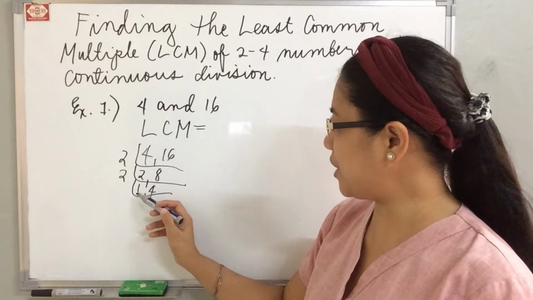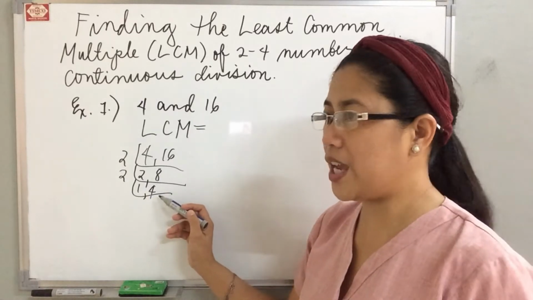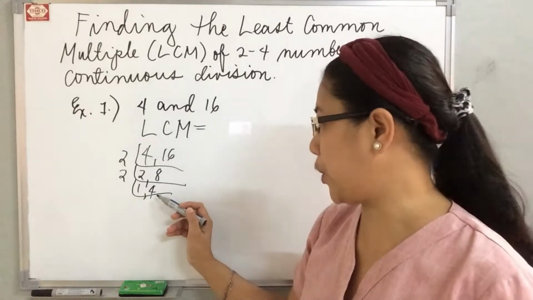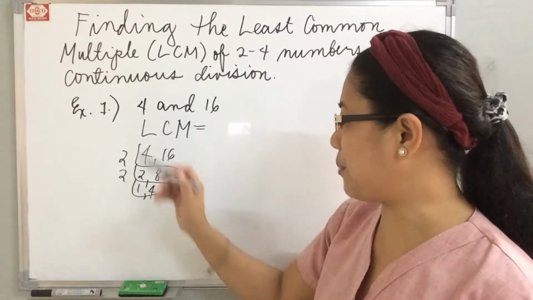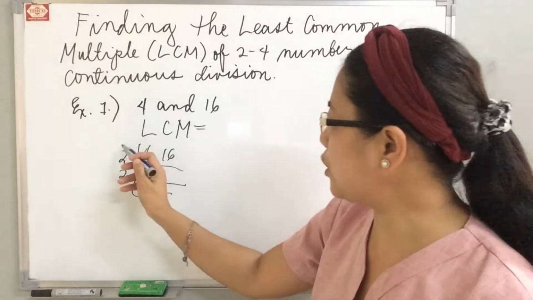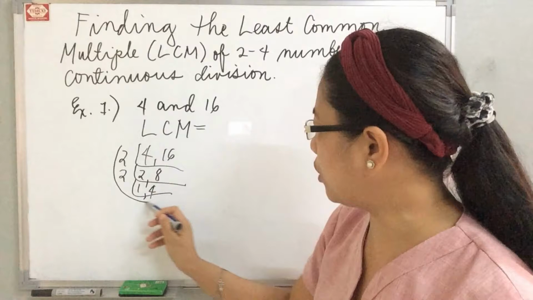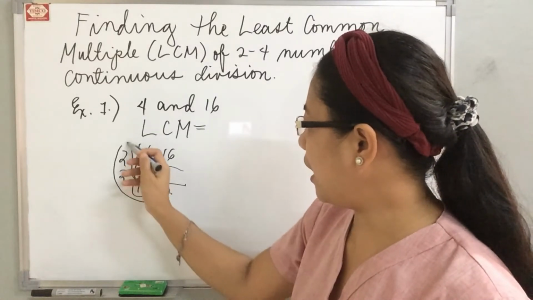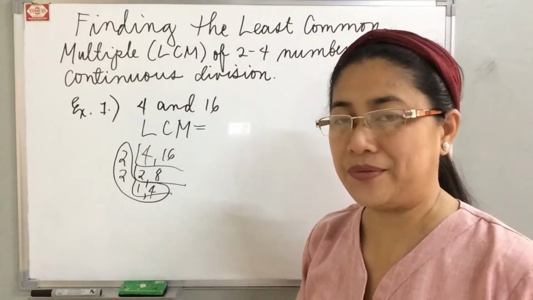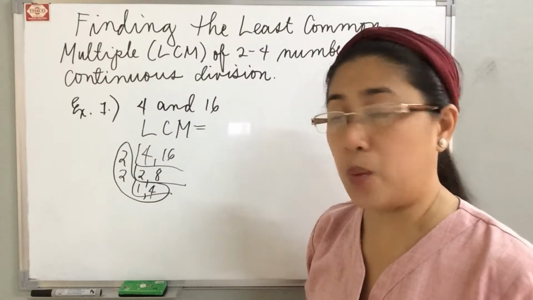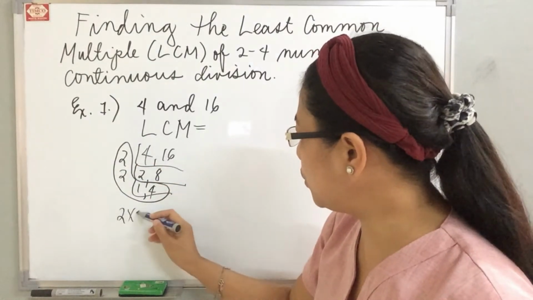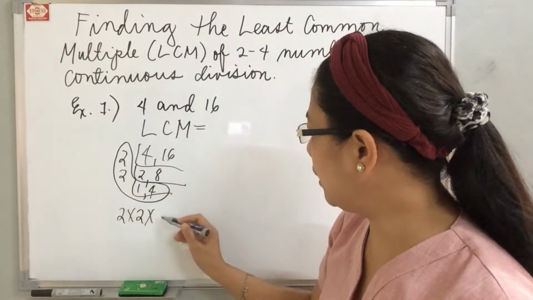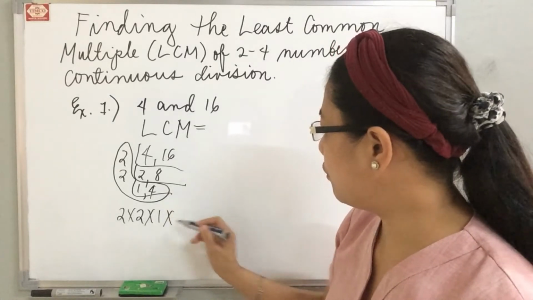Now look at our quotients here, 1 and 4. Is there a common prime divisor for them? No more. Okay, so let's stop there. This time, class, we're going to get all the divisors and your quotients and multiply them to get the least common multiple. So let's write 2 times 2 times 1 times 4.